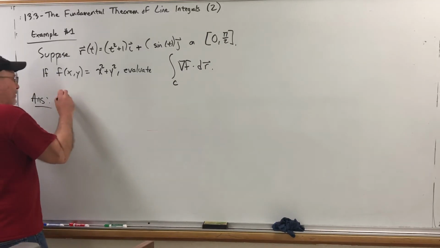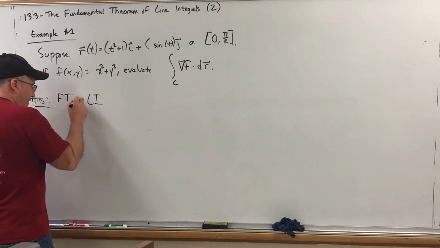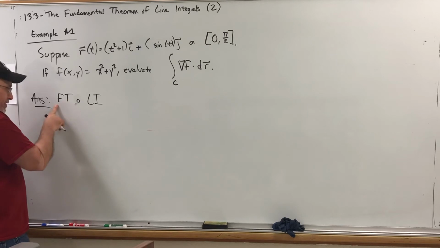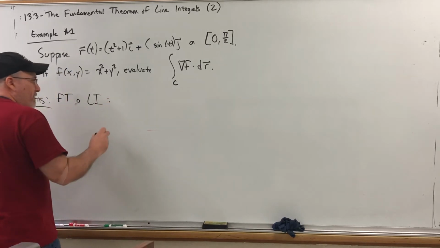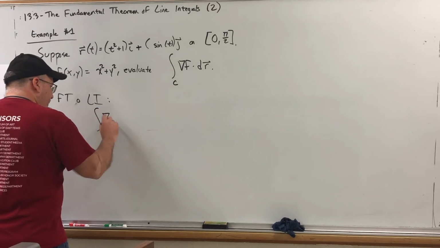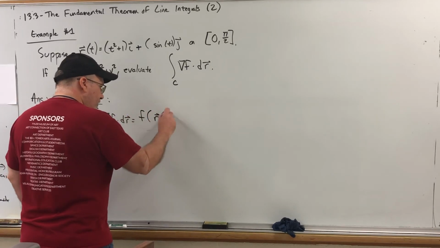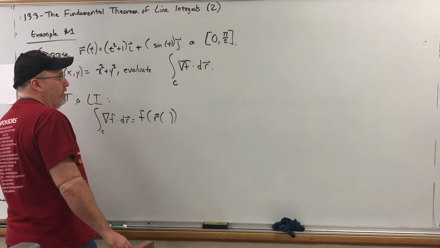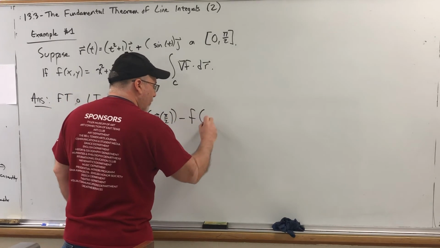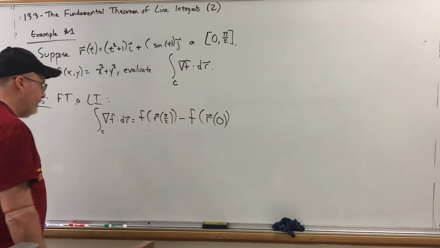So according to the fundamental theorem of line integrals, which I'll abbreviate FTOLI, we know that the integral over the curve of the gradient dot dr is going to be f of r evaluated at the right endpoint of the interval, pi over 2, minus the function evaluated at r of the initial value in the interval, so 0. So we just have to work this out.